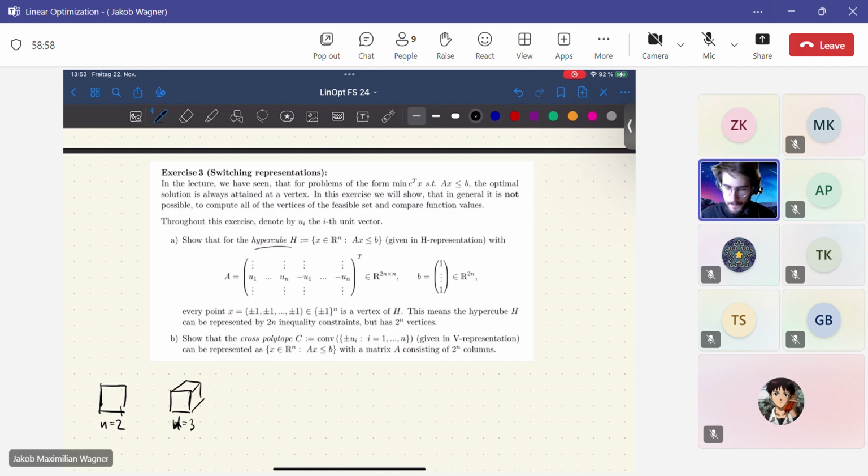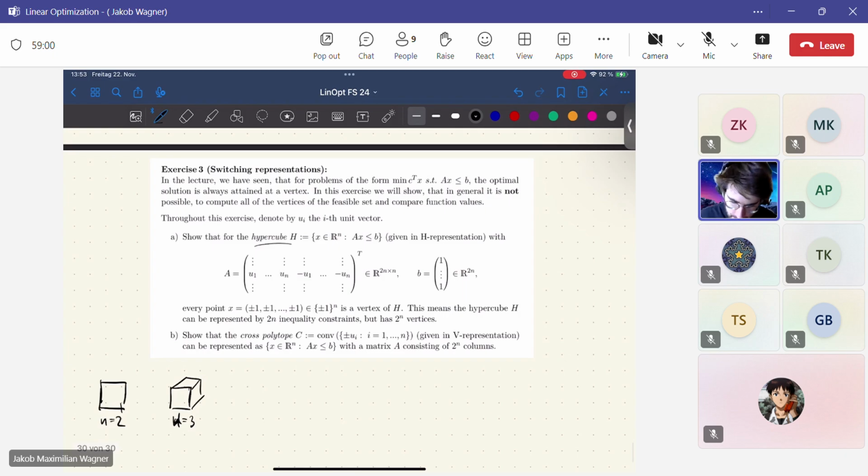Yes. Okay. Thanks. So we have this generalization of the hypercube, which says that we have in all the coordinate directions 2 constraints. So we have one constraint in the x1 direction, in both ways, and we have constraints in the x2 direction in both ways, and so on for higher dimensions.